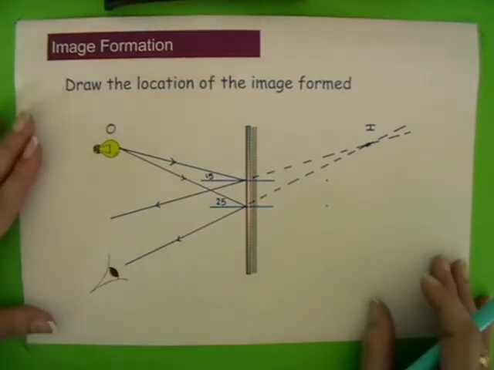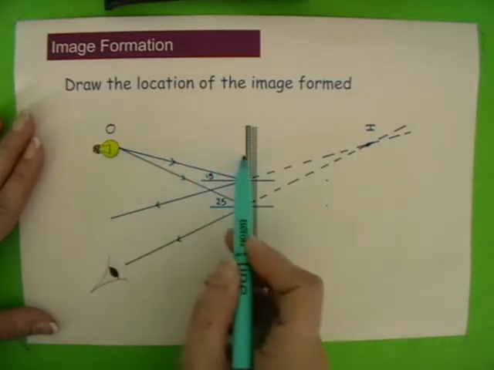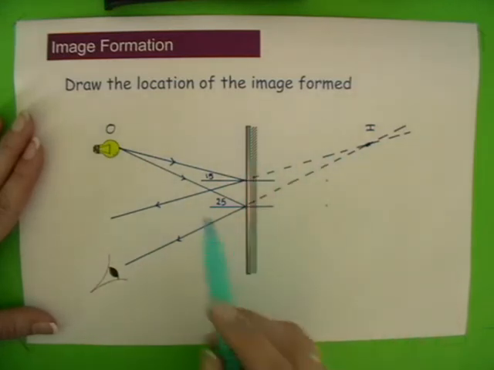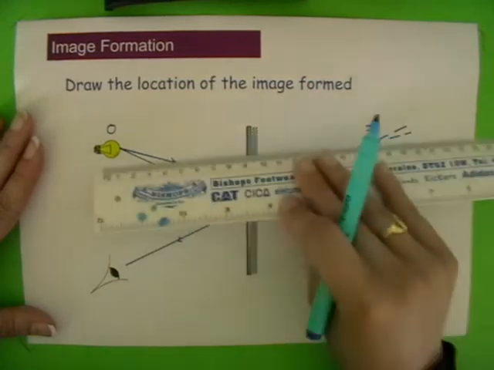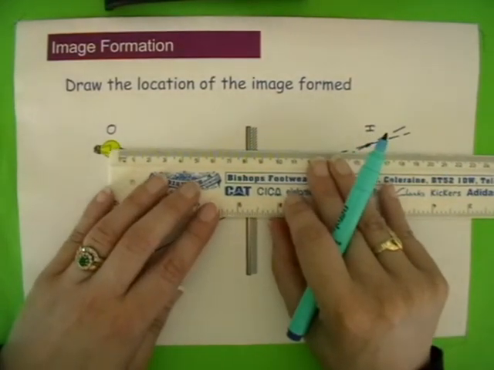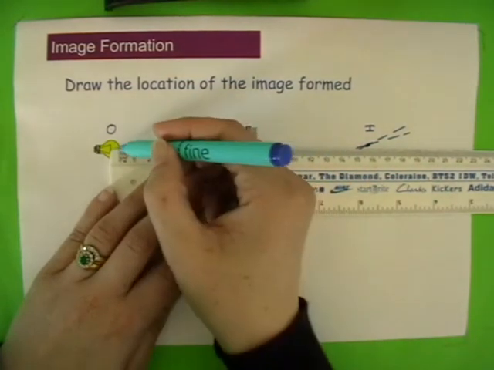Now, this brings me to the second method of drawing the image formation. To check that my diagram is correct, I measured the distance from the object to the mirror and then from the mirror to the image. What you could do in the exam, a quicker way to answer the question, is to set your ruler on, making sure that it's perpendicular to the mirror surface.